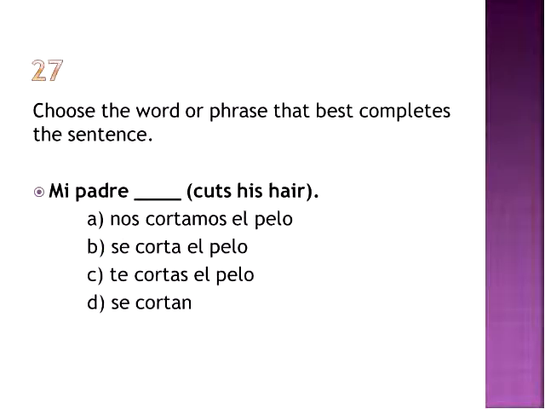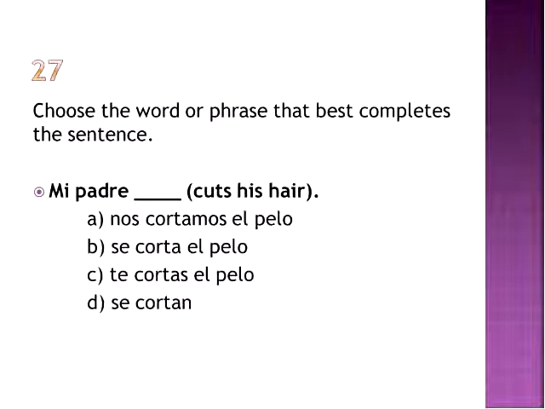Choose the word or phrase that best completes the sentence. Another reflexive term that you'll be familiar with. How would you say cuts his hair? Mi padre cuts his hair.